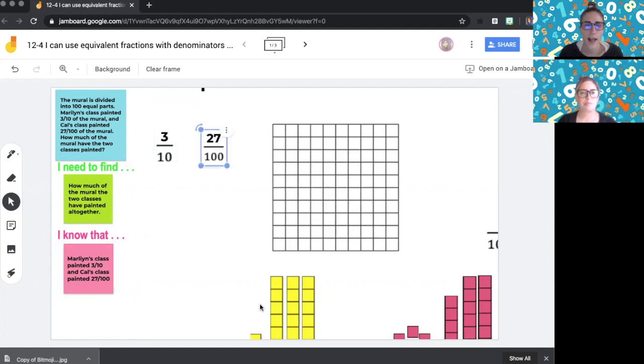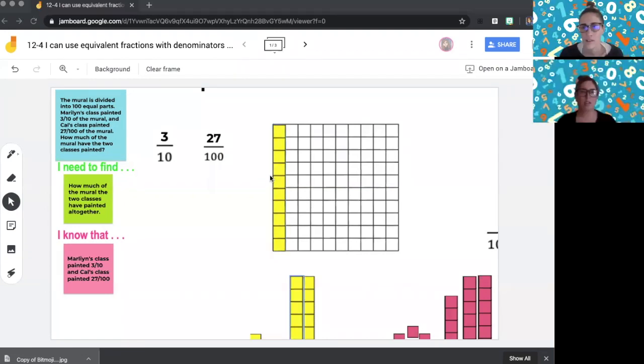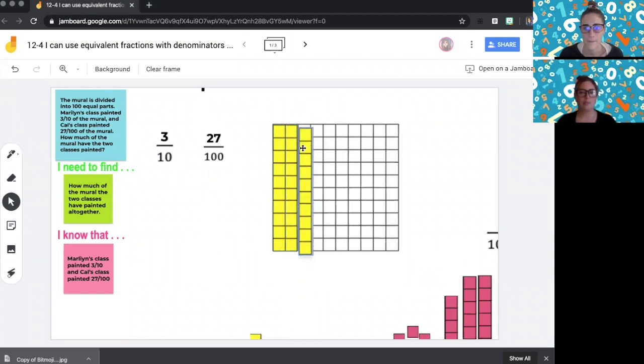So how can we show what Marilyn's class painted on this hundreds grid that we have? Okay, we can use place value blocks to represent 3/10. So I know I can use longs because they represent 10, 10, 20, 30.